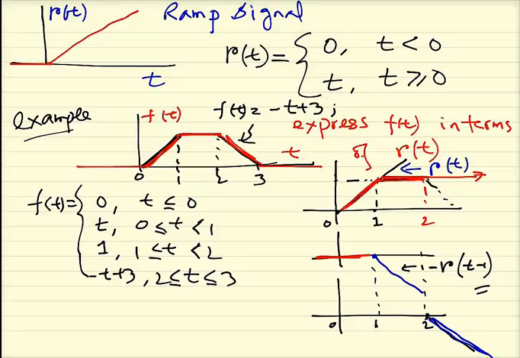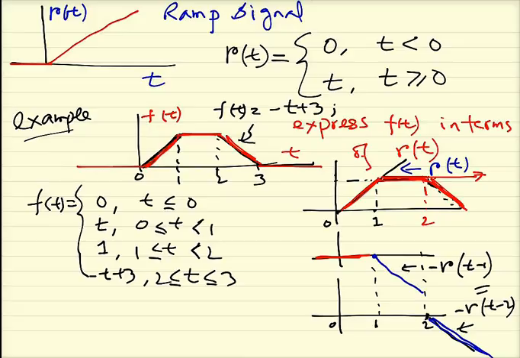If you want to write it down, this one is minus t minus 2. If you now add this minus t minus 2, after 2 it will make the straight line go like this. It will lower the signal, because you are actually adding some negative values from this point.